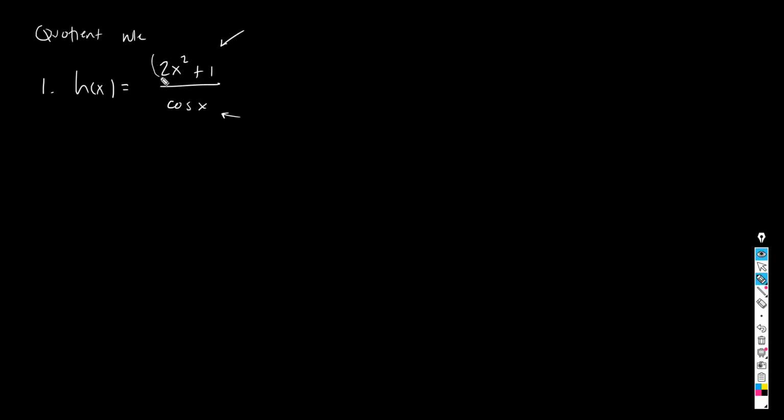So I may call all of this f of x. So f of x is going to be 2x squared plus 1, and all of this I may call g of x. The names are not important though. You can call whatever function whatever you want.